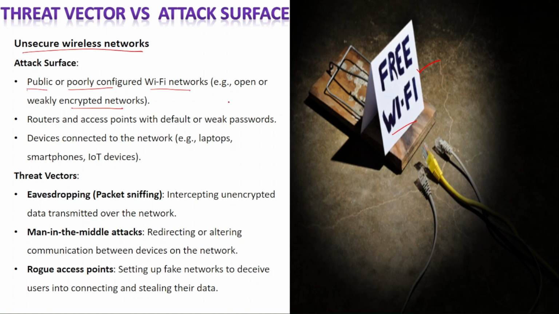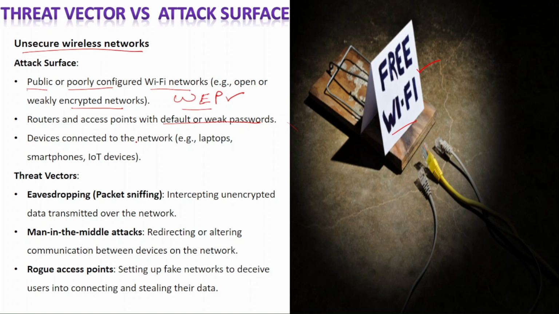And poorly encrypted means if you use a legacy encryption mechanism such as WEP, which is very weak and compromised, it is also an attack surface and it is easily compromised. Again, the routers and access points with default or weak passwords. So if you have Wi-Fi access points or routers with their default username and password, these can be easily guessed because each company's routers or access points have default usernames and passwords that are easily available over the internet and anyone can find them.